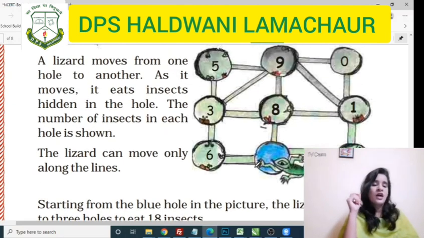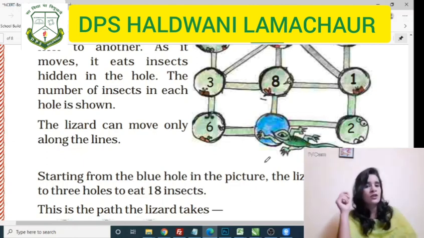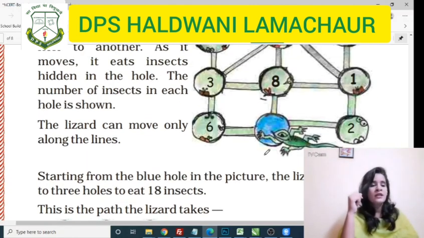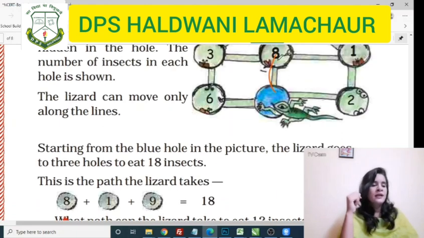Now if she starts from the blue hole, as you can see here, the lizard goes to 3 holes to eat 18 insects. So first it will go to 8. Okay. Then 8 plus 1 is 9.